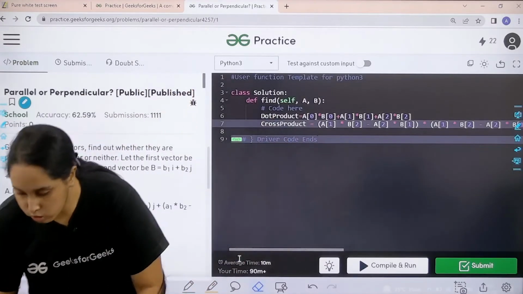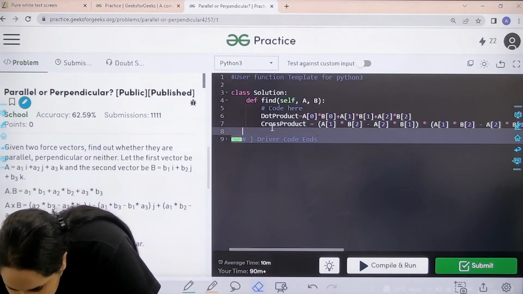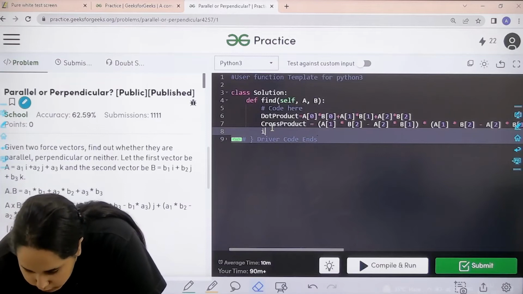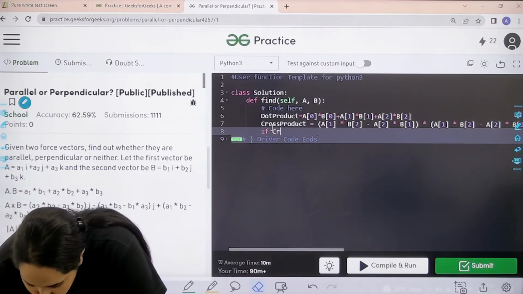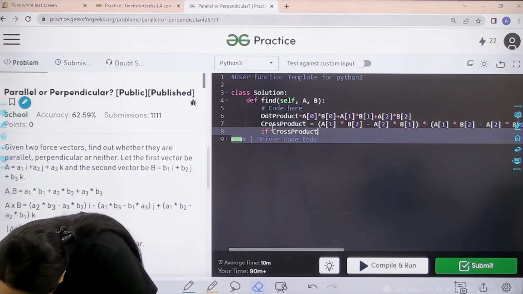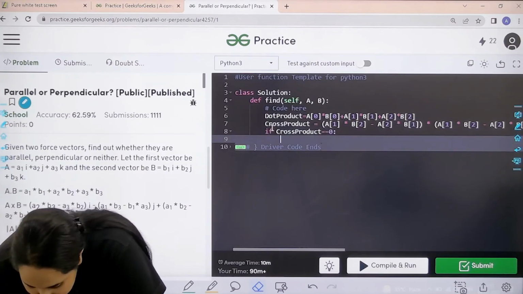After the cross product, the next thing I need to do is check if the cross product is 0 or if the dot product is 0 or not. So first let's check the cross product. If the cross product is equal to 0, then return 1.